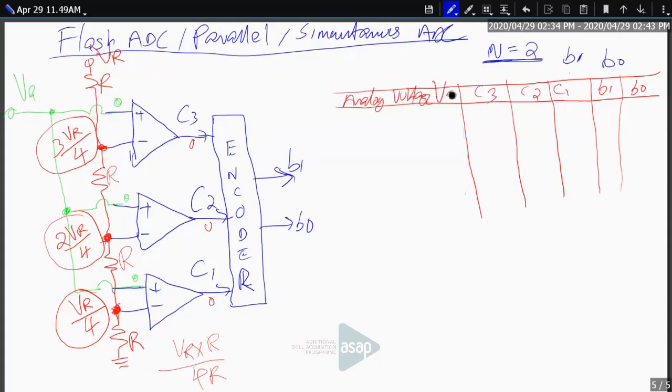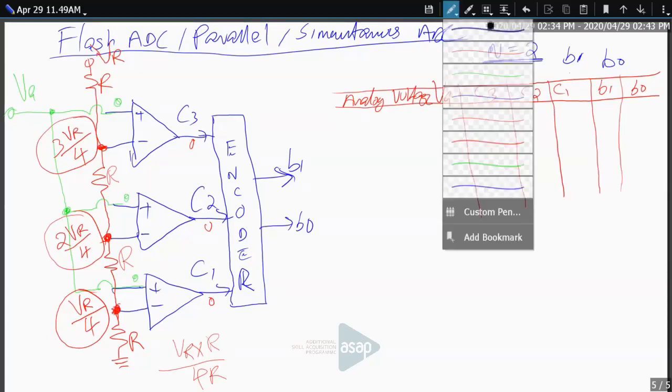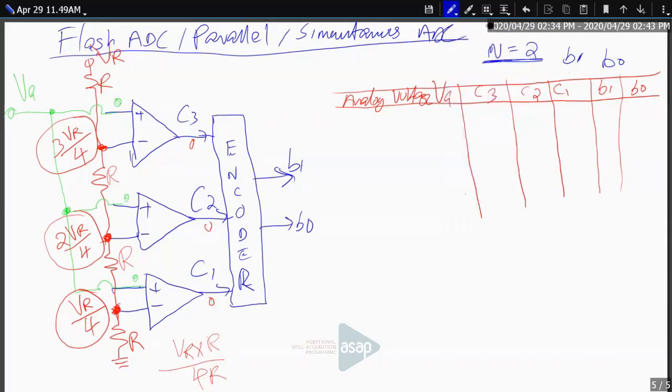Now, there can be a change when the voltage increases. Suppose VA is steadily increasing, and at some point the voltage crosses VR by 4. That means when it crosses VR by 4, the non-inverting terminal of C1 becomes relatively larger in potential than the inverting terminal.